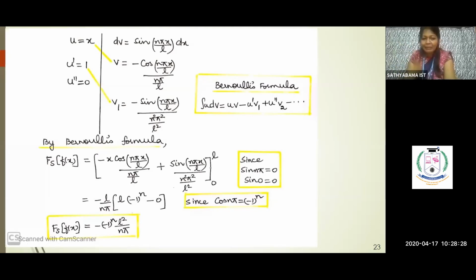Okay, so that's how I get minus L into minus 1 power n minus. What about the lower limit? When you put x as 0, 0 into anything is 0, right? So the second term vanishes. So that's how I get the answer to be minus of minus 1 power n into L square by n pi. That is all. So we found finite Fourier sine transform of f of x.